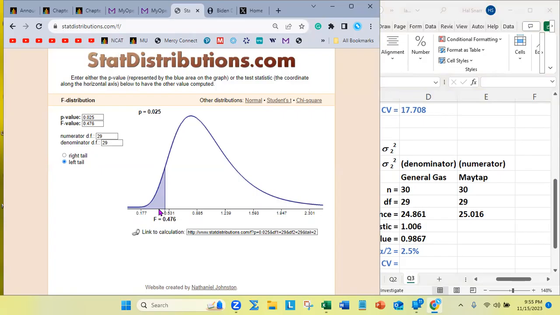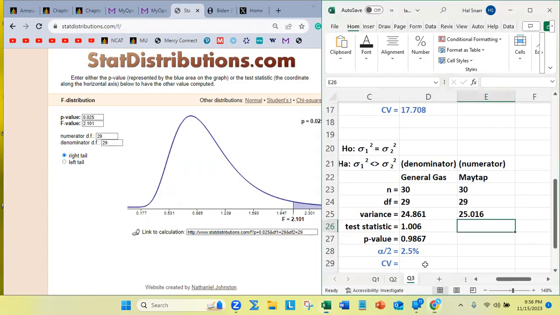If we didn't do that, if we put the smaller one in the numerator and the bigger one in the denominator, then we'd have to find the lower critical value, right? But we don't really have to worry about the lower critical value because we always put the larger variance in the numerator and the smaller variance in the denominator, right? So my critical value should be 2.101, right?